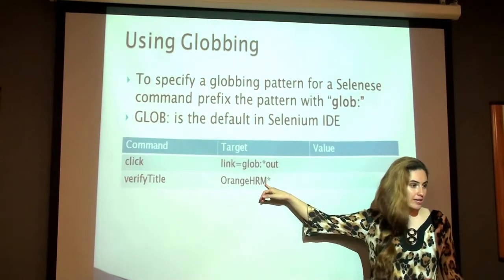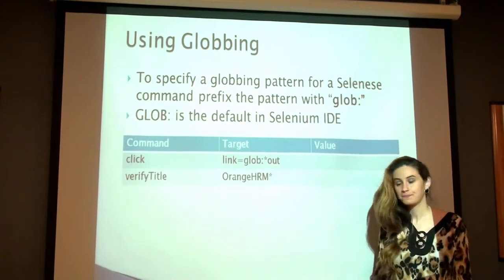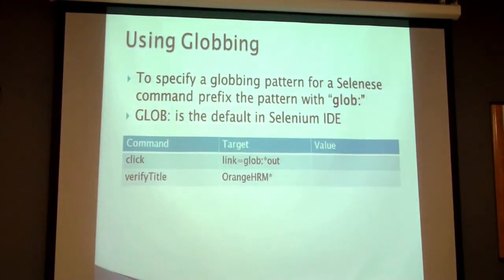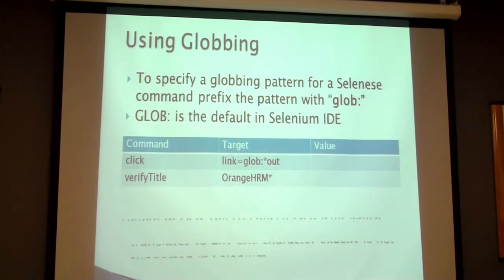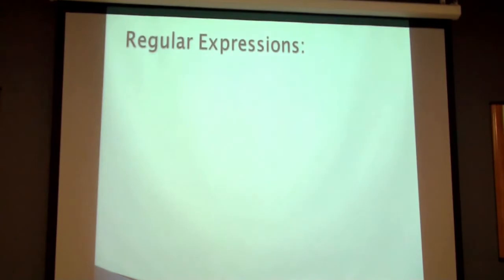And in this case, it will match orange HRM, A, B, C, D, 1, 2, 3, woohoo, anything. Make sense? So you can put the glob in or not. It's up to you. Now, in DOS, there's actually also a question mark. We don't have question mark in glob. In glob, there's only square brackets and star. No question mark. So far, so good? Pretty easy, right?